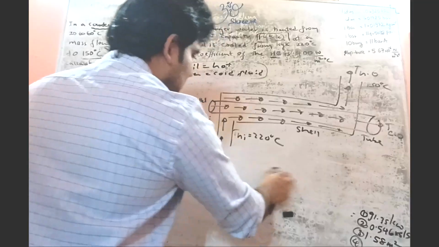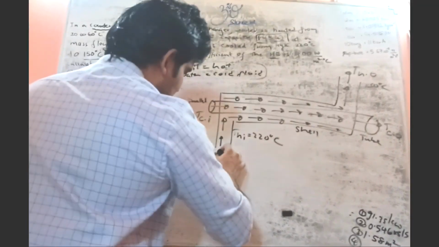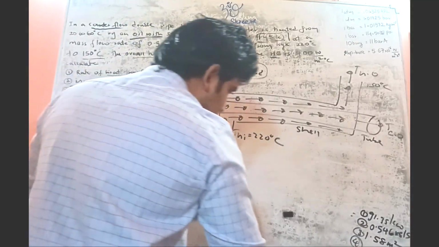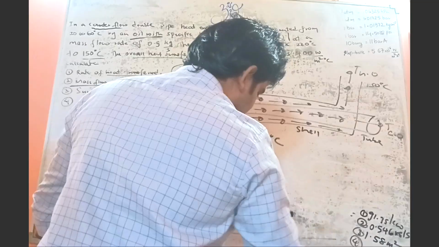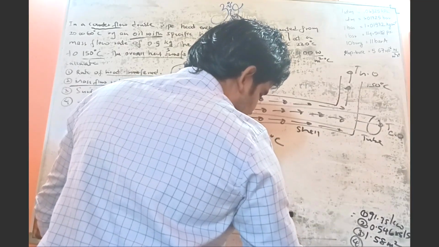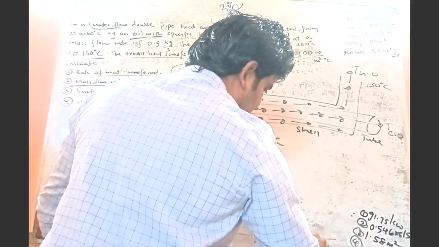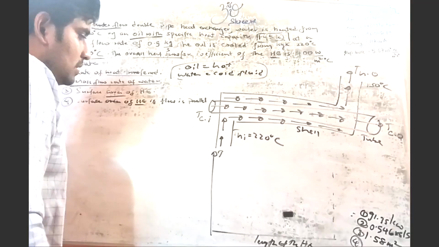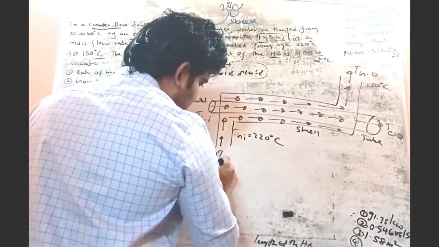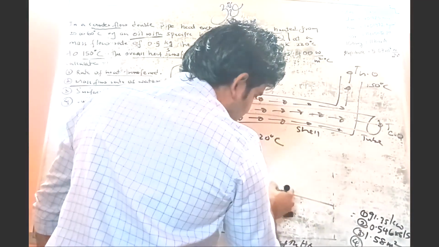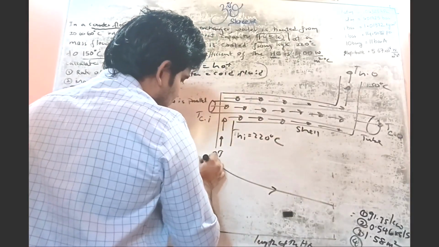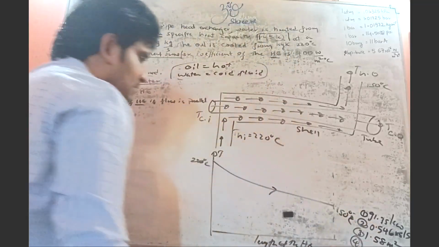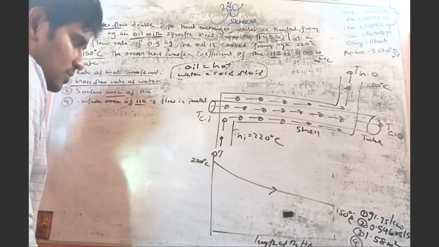So now let's get the temperature length profile, the length of the heat exchanger. What about the hot fluid? 220 degrees Celsius to 150 degrees Celsius. And what about the cold fluid?